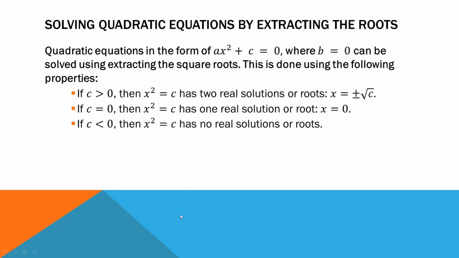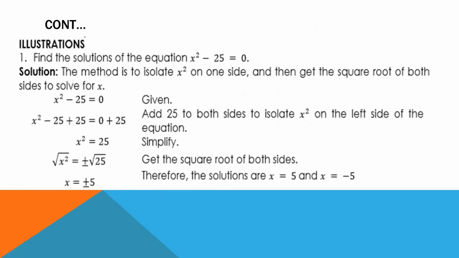So to further understand, let me give you an example. So first is to find the solution of the equation x squared minus 25 is equal to 0. To solve this, the method is to isolate x squared. When we say isolate on one side, kailangan mag-isa lang siya. So ibig sabihin, dapat itong ating equation na x squared minus 25, dapat yung x squared ay mag-isa lang siya.